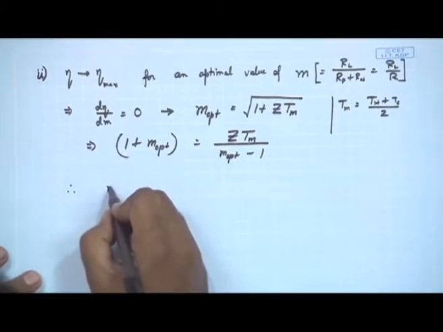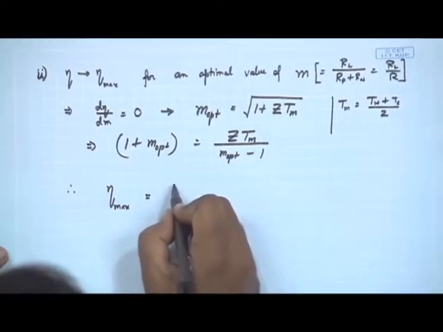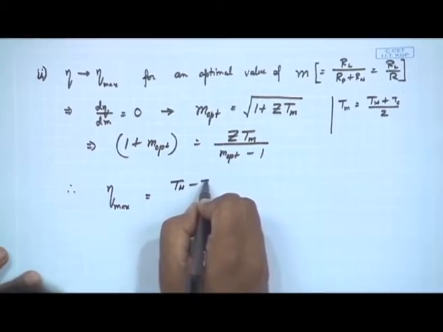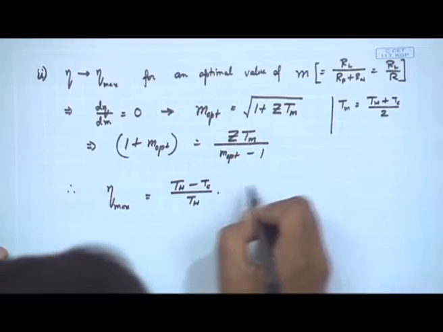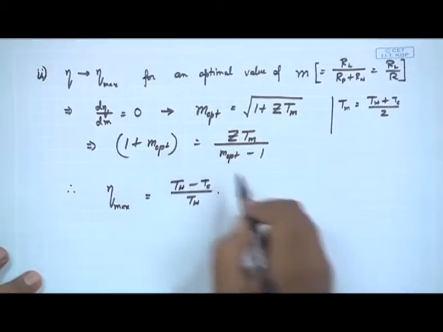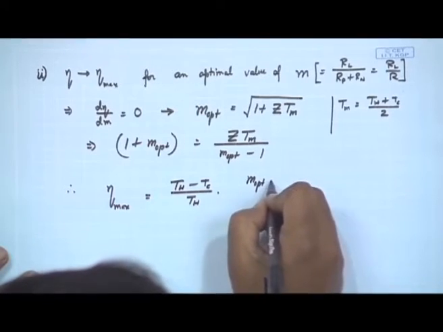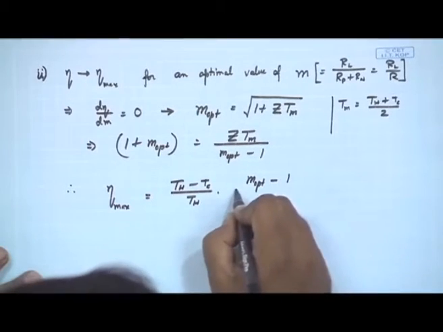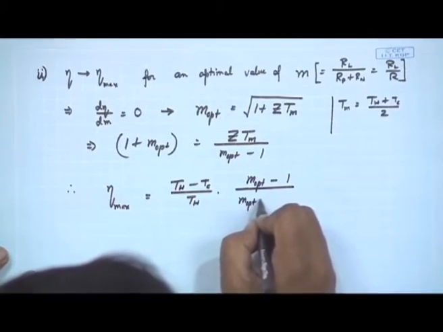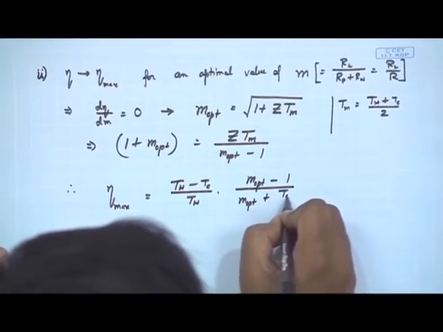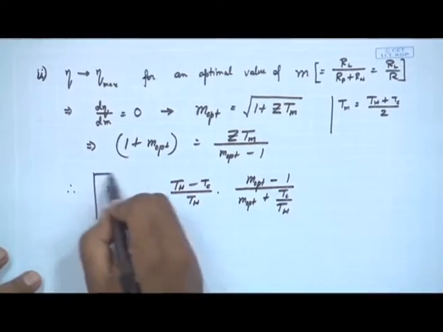So, therefore, eta max turns out to be Th minus Tc over Th, which is the Carnot efficiency, times, why did I do this? I did this to get something which is a very simple expression, okay, and this is that expression.